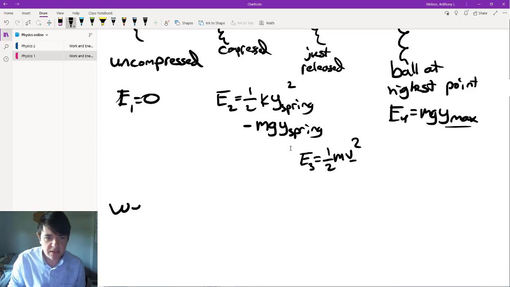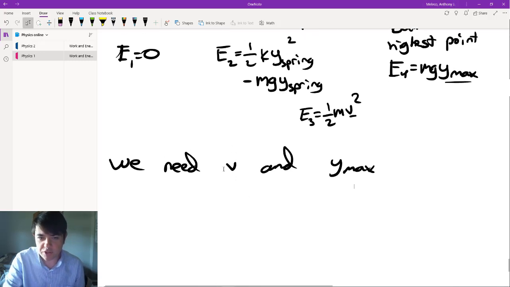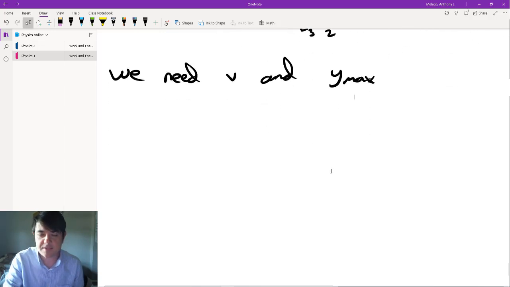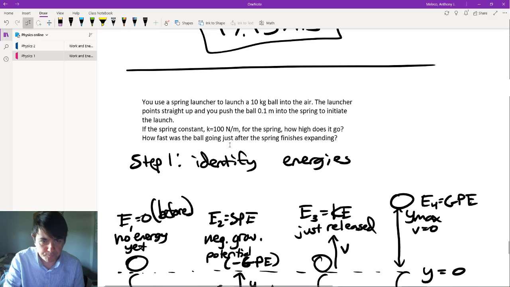So we need v, the point after it was just released, and the highest point it reaches. We're given k. We're given how much it's compressed.